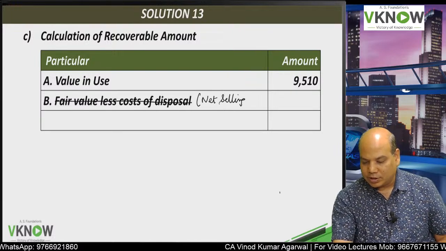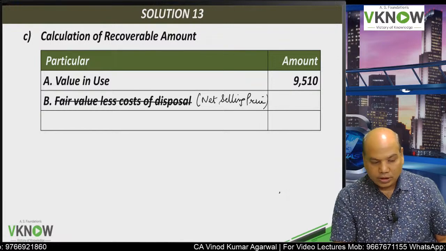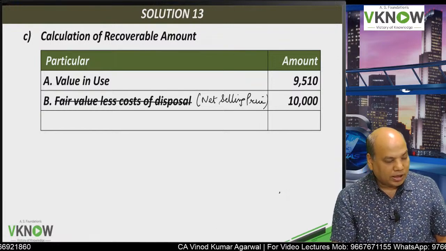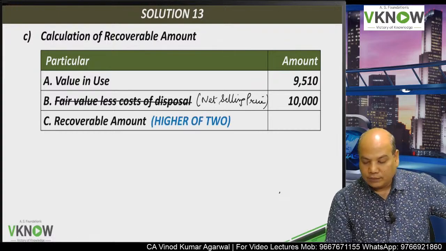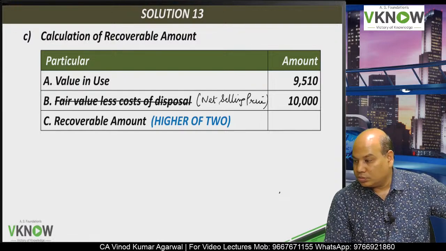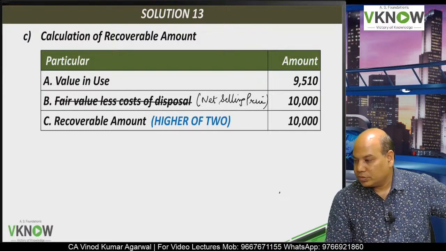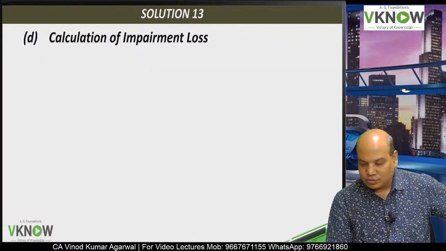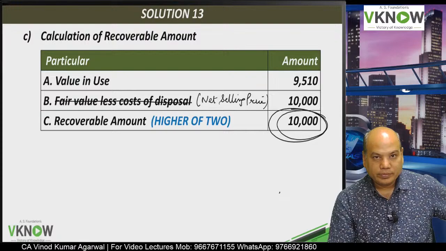Write net selling price. Net selling price is given in the problem, last line, 10,000. Therefore, recoverable amount, higher of the two. Which is higher of the two? 10,000 is higher of the two. So for further calculation, I will use 10,000.